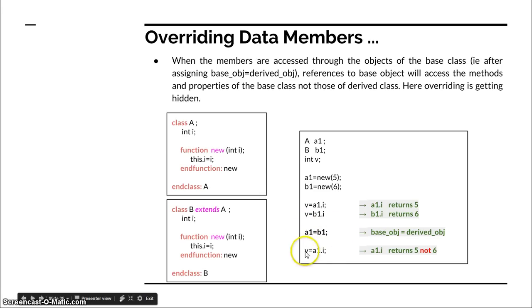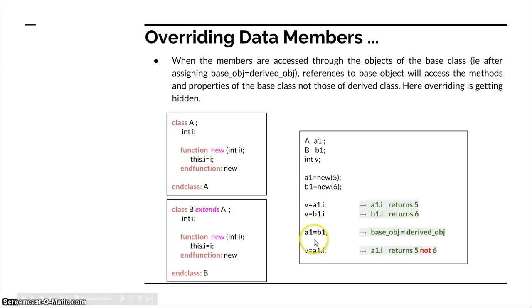These two statements I have added extra, and here you have initialized the b1.i data member with a value of 6 because you are creating b1 by passing a value of 6 to the new function, which will assign the data member b1.i with 6. In the same way a1.i will be equal to 5 because we are calling the new function of a1 with 5. So here a1.i will be 5 and b1.i will be 6.